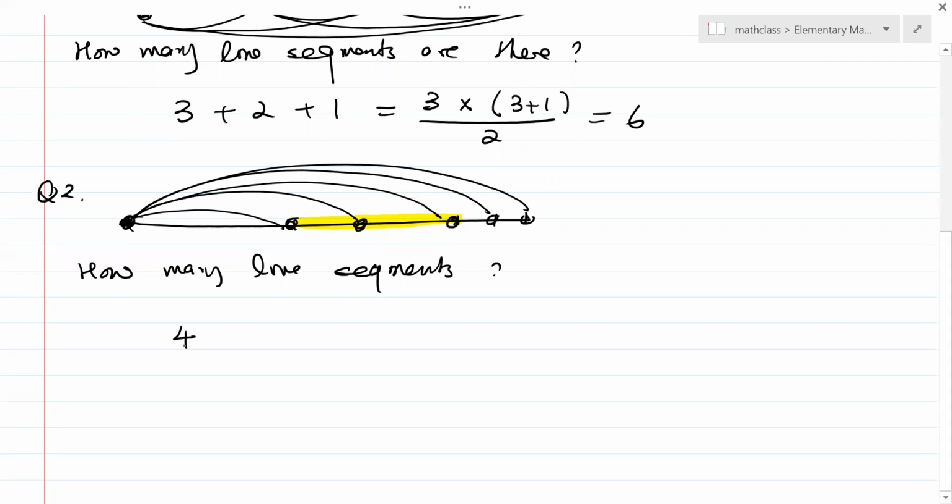Then you use the second point, but don't go back because that is already counted. This is the direction. Don't repeat it. So the only way you can go is further: 1, 2, 3, 4. The first one is 4, and the second one is 3.